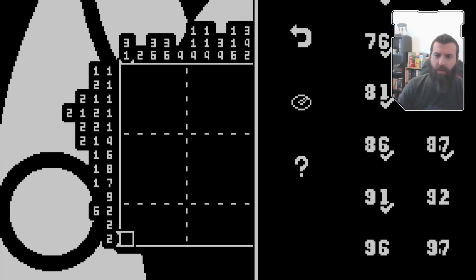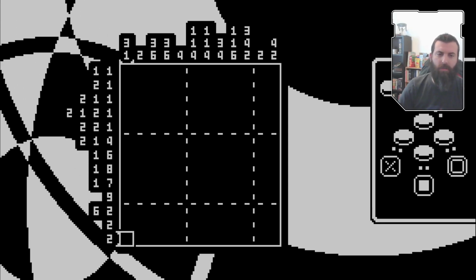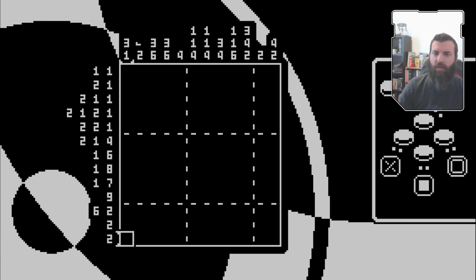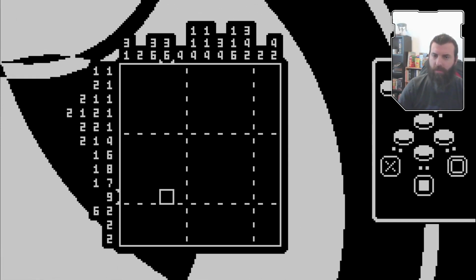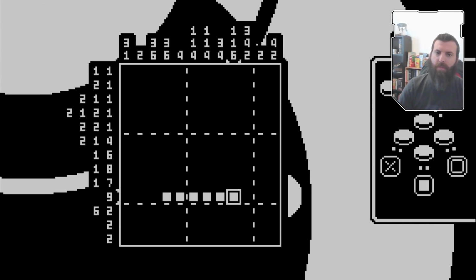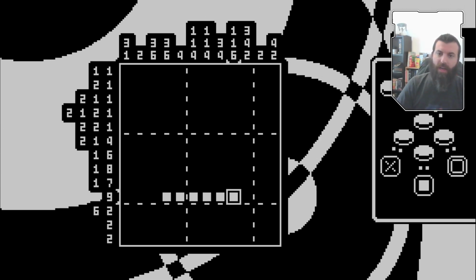On to Nonogram 92. Nonogram 92 is 12 pixels wide and 13 pixels tall. So, at 12 pixels wide, that means there's only 3 pixels of wiggle room for this horizontal 9.